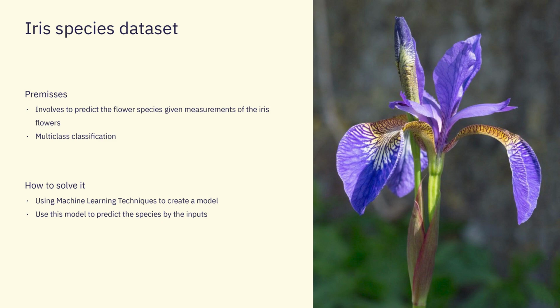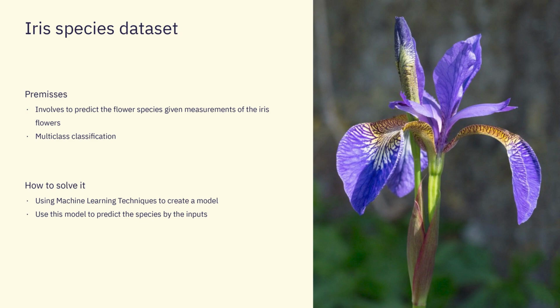When we are learning concepts related to machine learning, multi-class classification will happen a lot, and there are a lot of problems in this area. But for this one in specific, we can solve it using machine learning techniques to create a model, and we can use this model to predict the species, in this case, using those inputs.